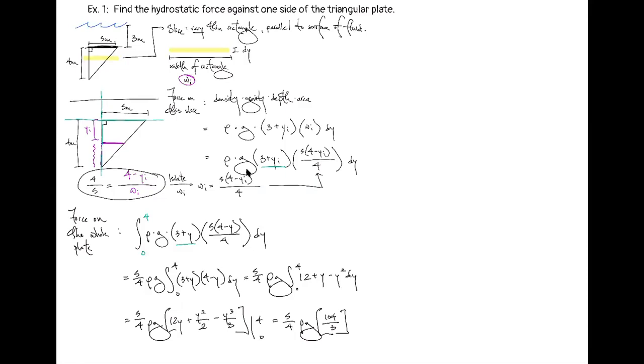And so when you're in a case with meters and water, the density of water is 1,000 kilograms per meter cubed. And gravity in these units is 9.8 meters per second squared.